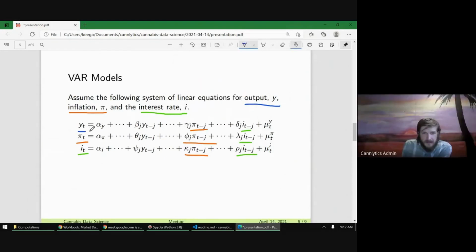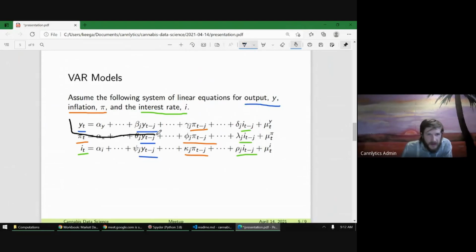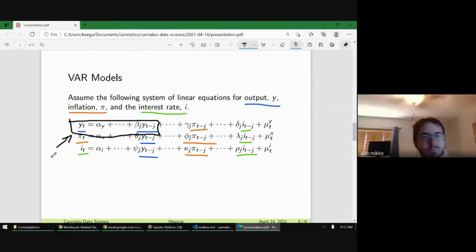So basically, we've talked in the previous weeks about essentially an auto-regressive process, like this, right?